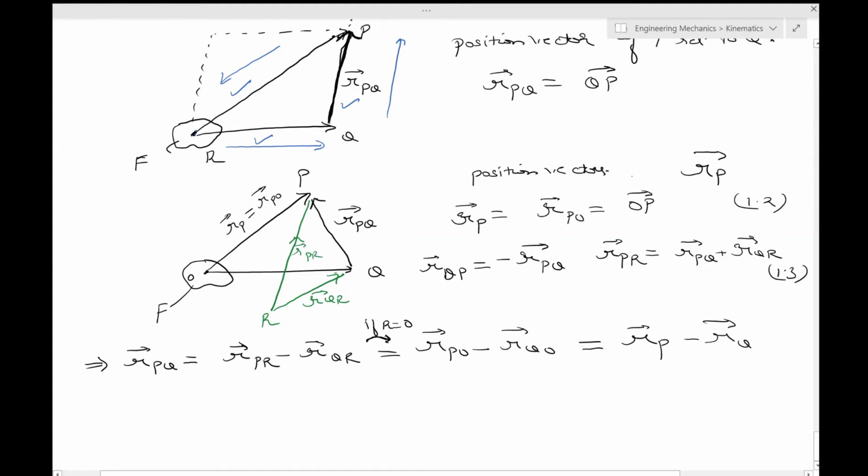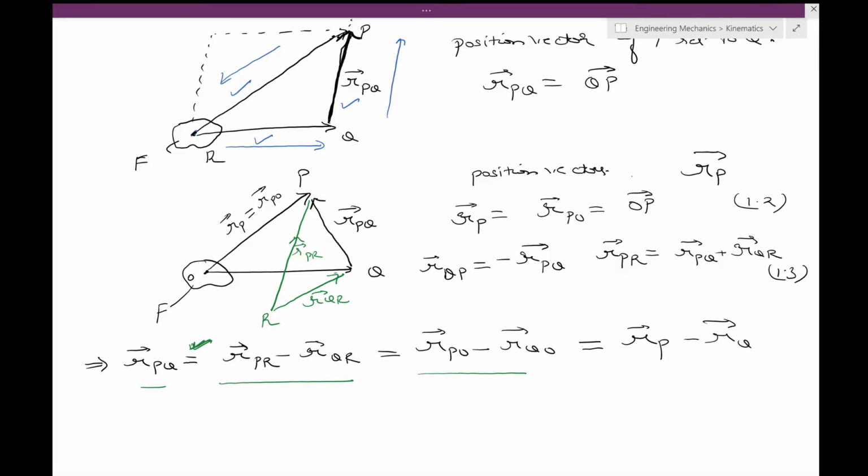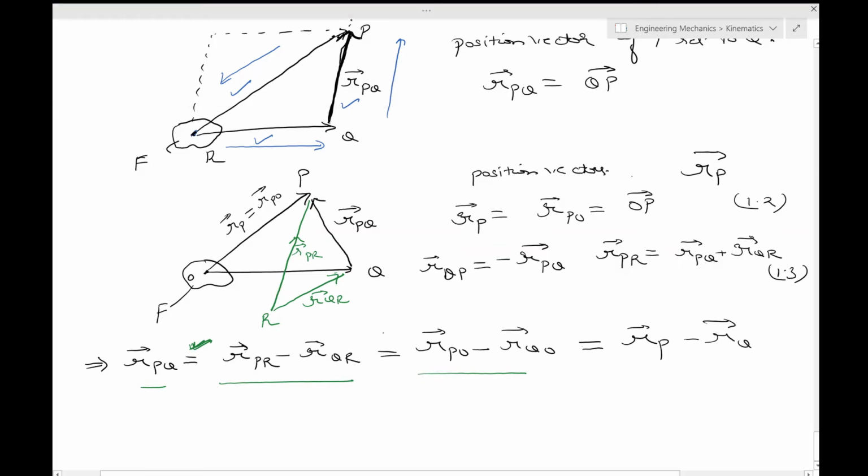Now you can see that RPQ is equal to this because of the black ink, and RPQ is equal to this because of the green ink, the green triangle. So I'll just use black ink over here.